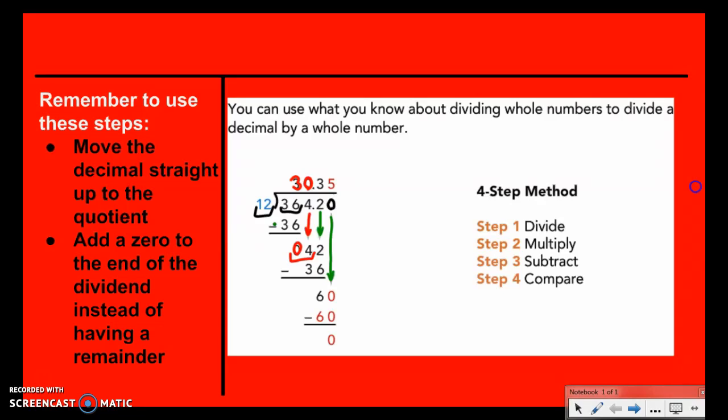Subtract, and your remainder is going to be 0. When you have a remainder of 0, your quotient is going to be the only part to your answer. You will not have an R equals blah. You will just have your quotient. Okay? So let's move on to the next.